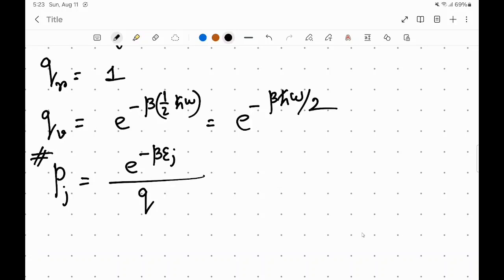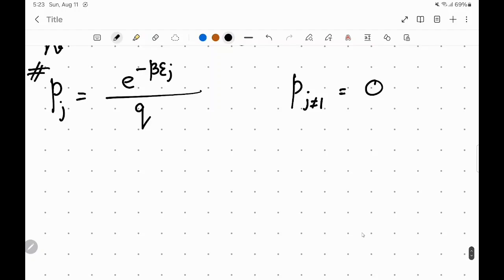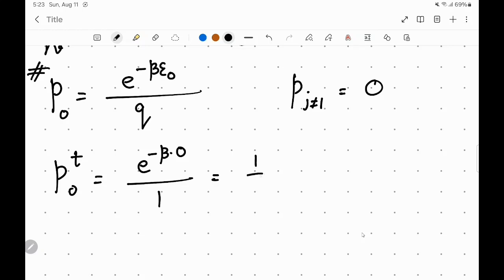Is it understandable? When j is not equal to 0, beta is infinity, so the numerator will be 0, so P will be 0. But for the ground state, if you calculate P0, what will be P0? Let me calculate for translational. It will be e to the power minus beta into 0 divided by 1, so it is 1.